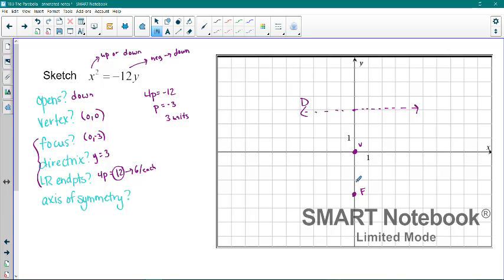I don't want to go up and down. I've got to draw the parabola, so it would need to be left and right. 1, 2, 3, 4, 5, 6. So the endpoints of my latus rectum are at 6, negative 3, and negative 6, negative 3.